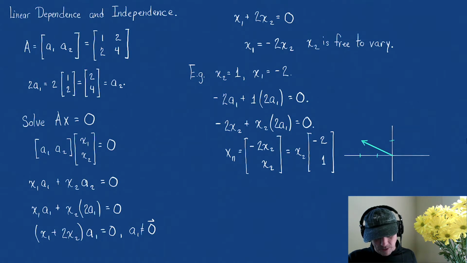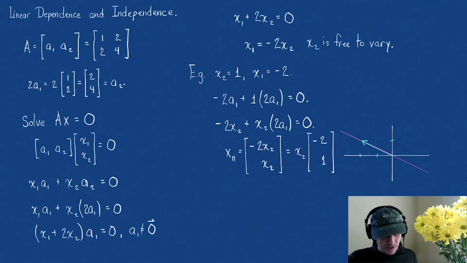Well, what it's telling me is that any single point that lies on that line going this way, or any single point going this way, any multiple of that solves this equation. That's what it means to be dependent.